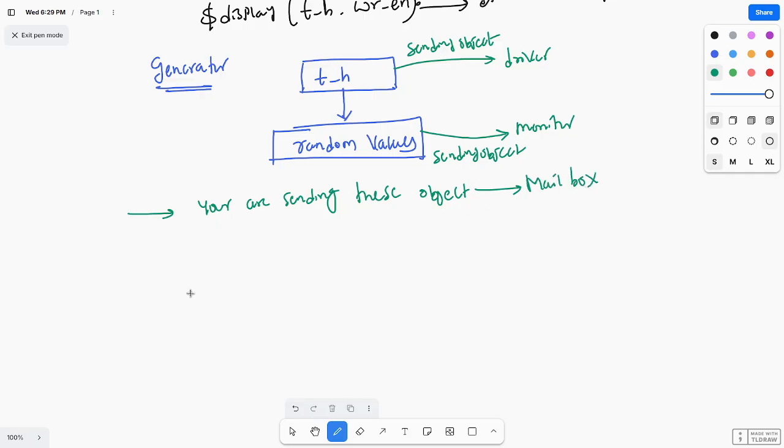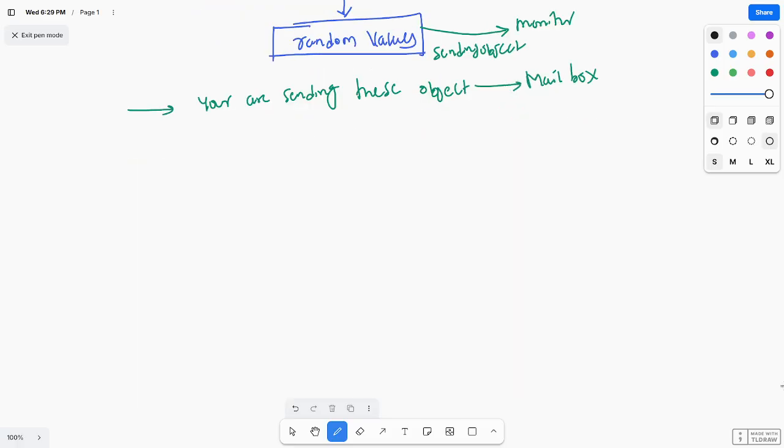Mailbox is nothing but like a FIFO only, first in first out. We already saw FIFO. So this is a mailbox. It's like a FIFO only.